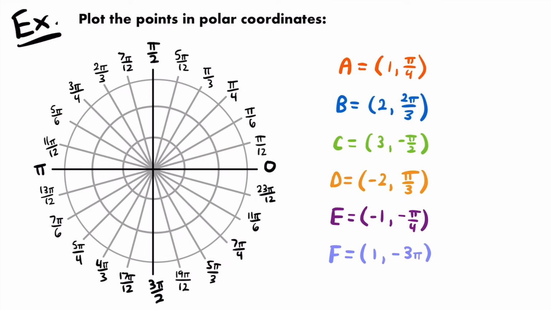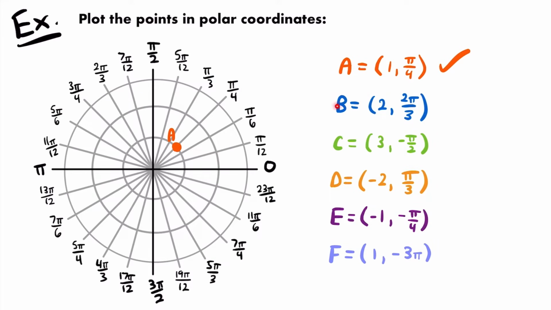This first circle is where the radius is 1, this second circle is where the radius is 2, and this third circle is where the radius would be 3. So our point of (1, pi divided by 4) will be right here on our graph. That is going to be point A. All right, we have that angle of pi divided by 4, and we are on our circle where the radius is 1. All right, so that's point A.